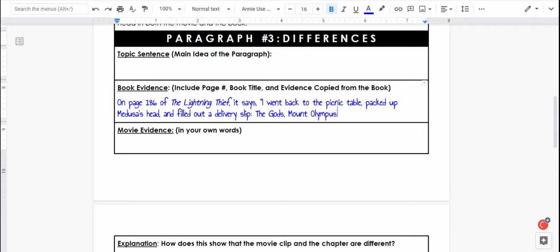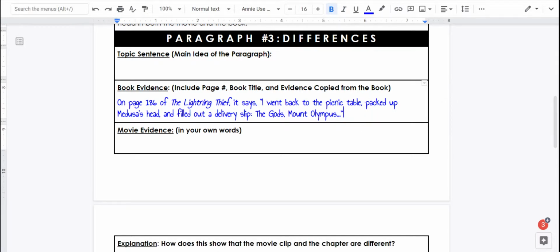If you look on page 186 and you find this evidence, you'll notice that the evidence continues and they go ahead and give the whole address for Mount Olympus. We don't need all of that in our evidence. So after Mount Olympus, I'm going to put 3 dots. That's called an ellipses. And those 3 dots tell us that there is more information that needs to be added.